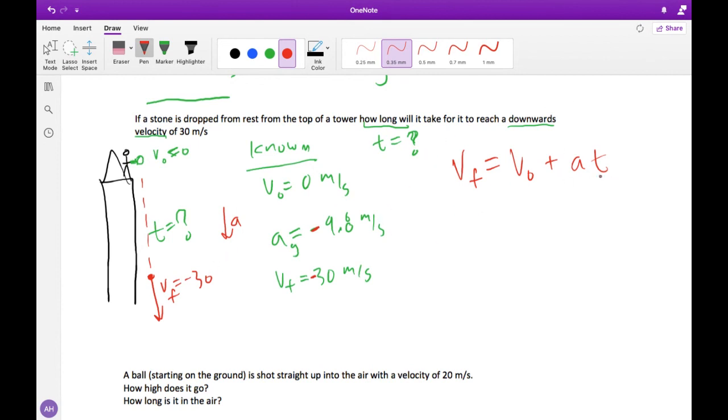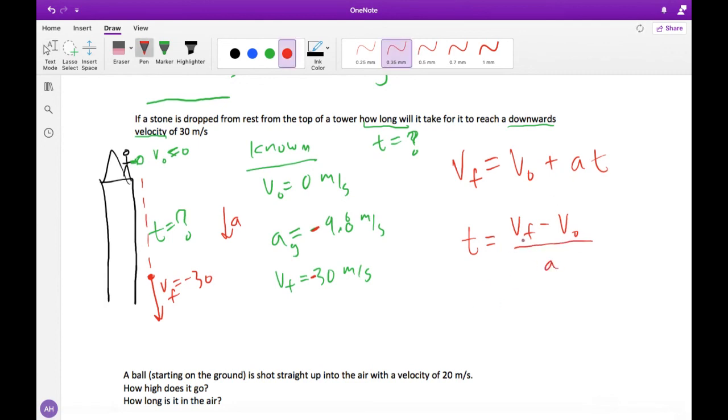And so now, let's rewrite our equation to solve for time, because we know the final velocity, the initial velocity, and the acceleration. Rewriting this equation and solving for time, we see that time is equal to v final minus v initial, divided by a.